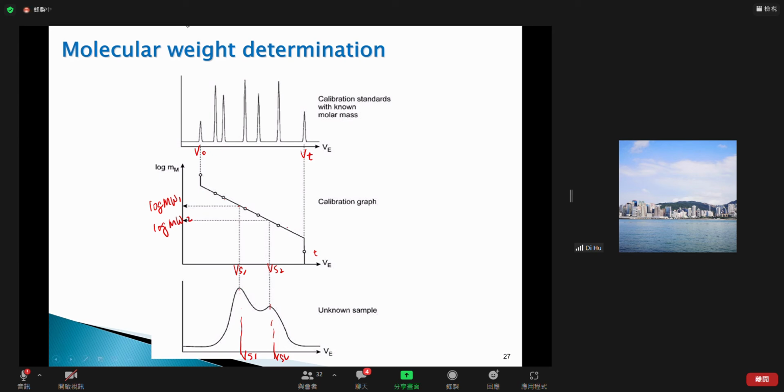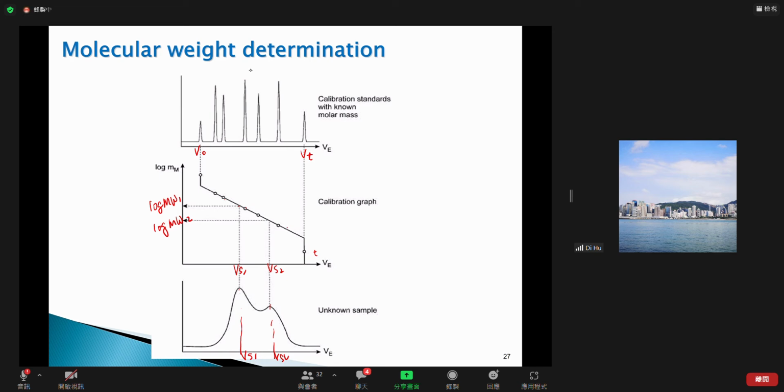Got it? Understand? That means when you choose the column, you have to make sure your samples can fall within that range. So for the first example, with polysaccharides, you have some idea and can estimate the polymer, probably knowing what kind of range it should be.